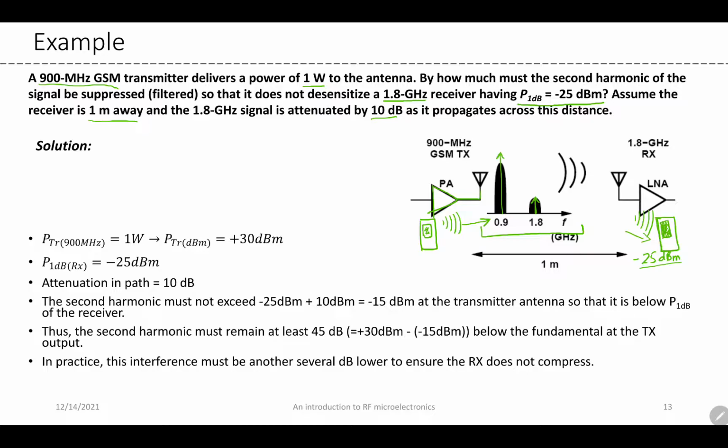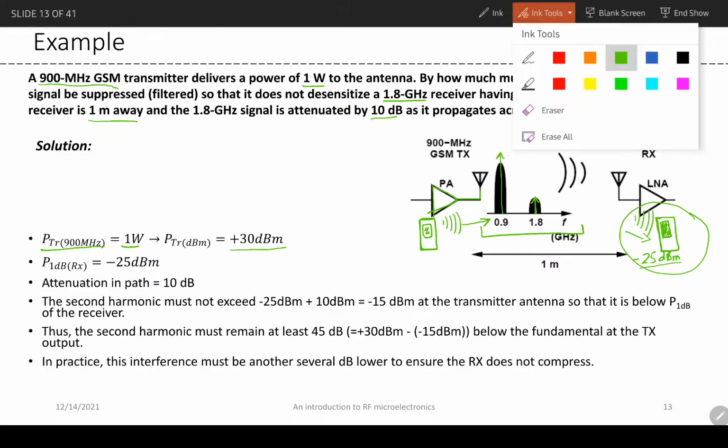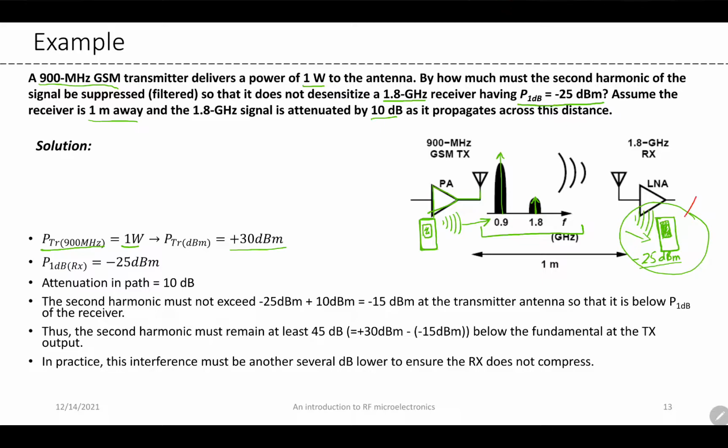Now the power transmitted at the source of this cell phone is 1 watt, and that corresponds to 30 dBm, right? The 1 dB compression point of the receiver is minus 25 dBm, and the attenuation in the path is 10 dB.